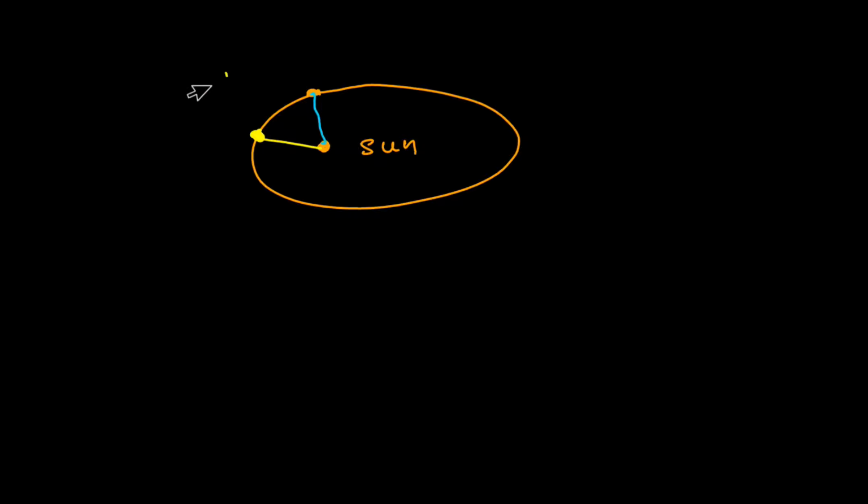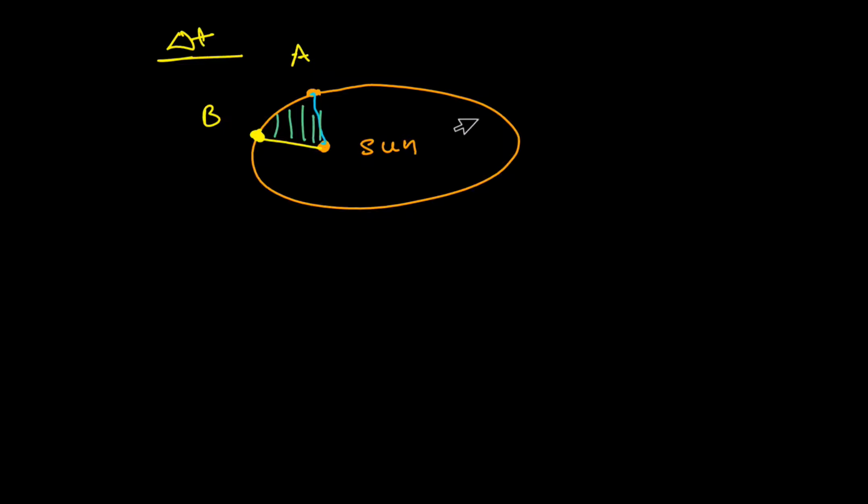In delta t time, the planet moves from A to B. So the area covered by the line joining the planet to the Sun in delta t time is this area. Then according to the second law, for every interval of delta t time, this area will be constant.